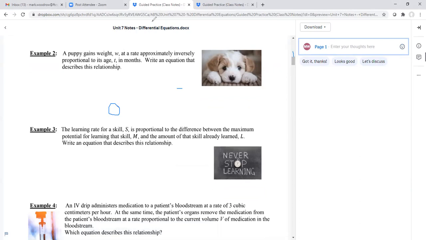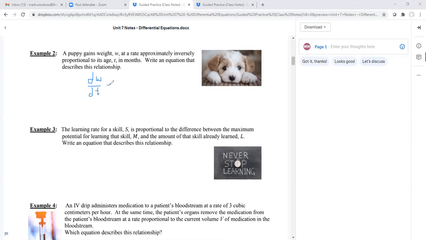So on this particular problem, this is going to be dW dt, and it's dt because we're talking about t in terms of months, and it says at a rate. So this would be dW dt, and it says inversely proportional to t.